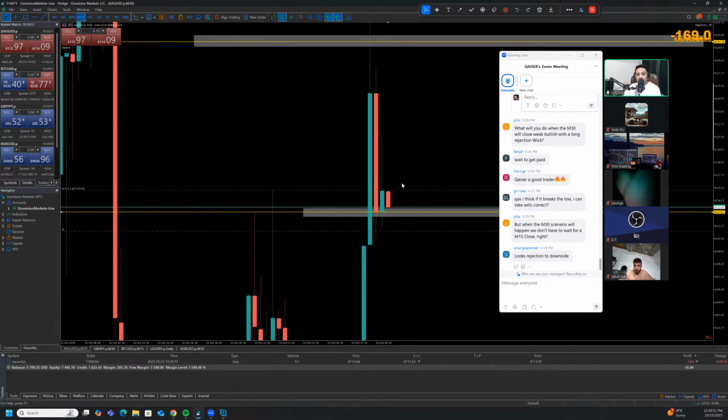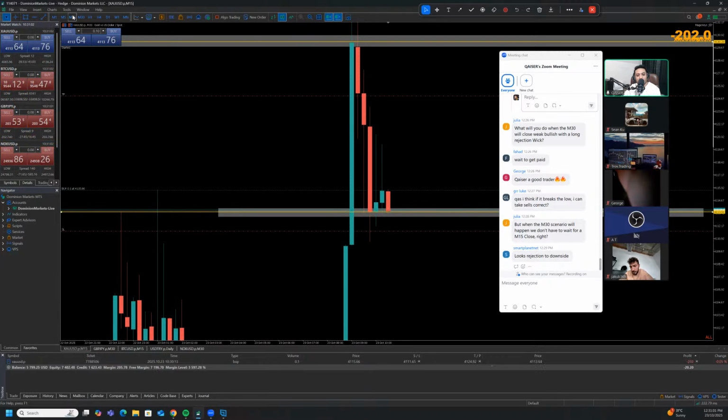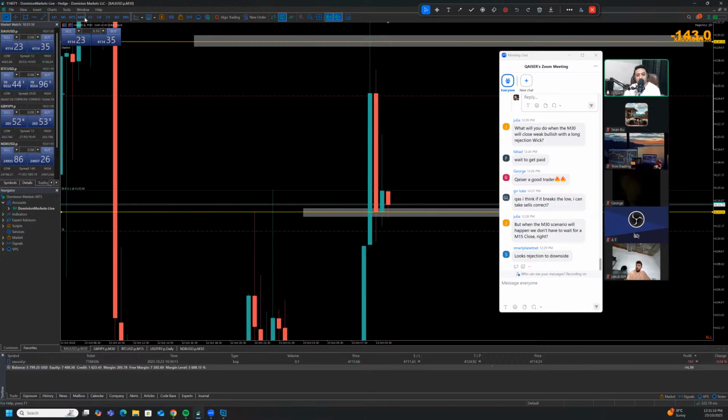So let's see if it could continuously push upside now. Yeah, it did not even create a wick. Wow, breaking the low, but still respecting the previous 30-minute low. If it starts flipping, breaks its own high, it could continuously push upside.